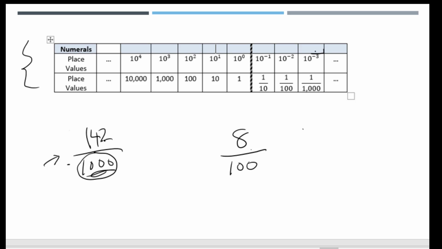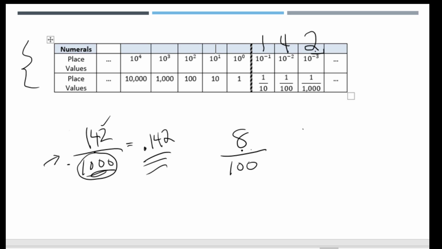So this 2 is in the thousands place. So I'm going to put that there. Then the 4 is 10 times this, well, it's actually 20 times this amount, but it's the next place value over. And then finally the 1. So you'd write this as 0.142.